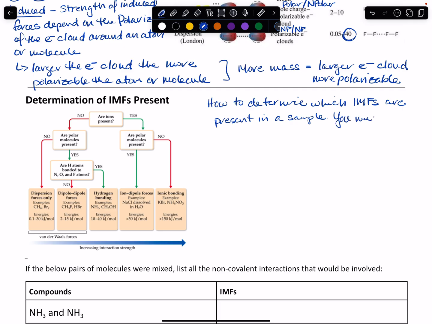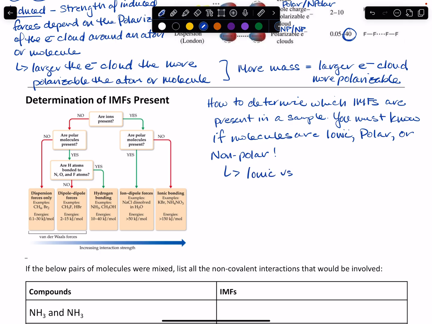You must know if molecules are ionic, or if they're polar, or if they are non-polar. Which means you need to recognize ionic versus covalent. If it's covalent, that means Lewis structures.